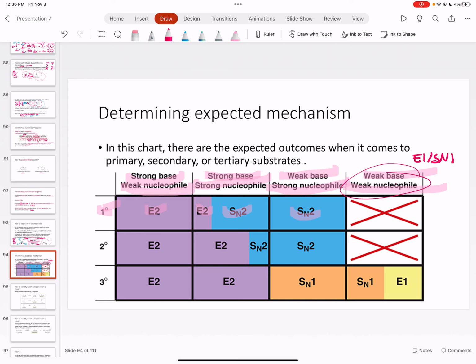Remember that we said this was kind of rare to see on primary and secondary. That's why it has a big X. While we do see E1 and SN1 a lot on tertiaries, right? So that's why we have a 50-50 combination.